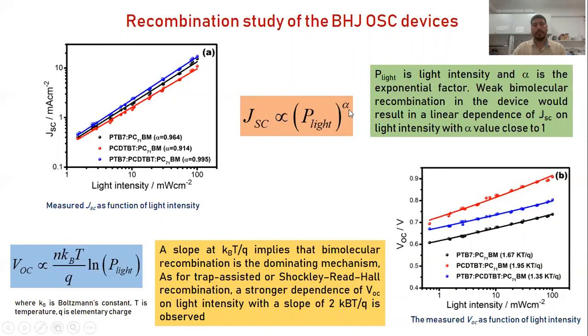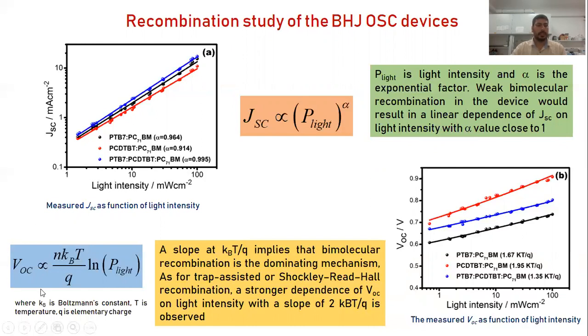Here the value of alpha is an exponential factor, which will tell you what type of recombination your device has. If alpha is very close to 1, it shows that there is a very weak bimolecular recombination, so a very weak non-geminate recombination in your device. And when its value moves away from 1, that is, goes below 1, it shows that bimolecular recombination is dominant in your device.